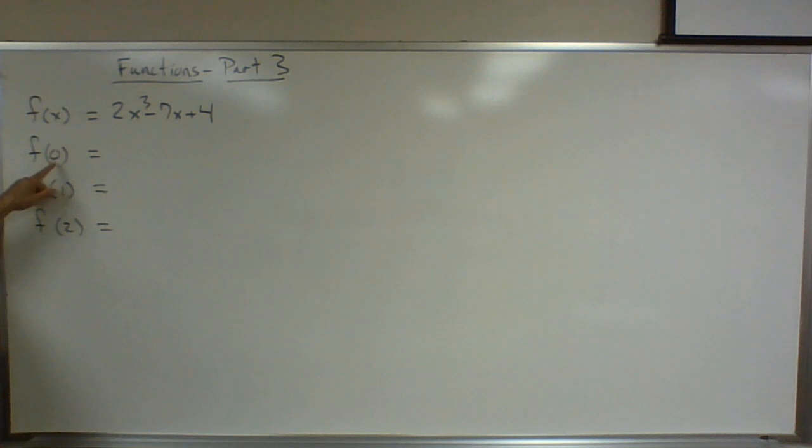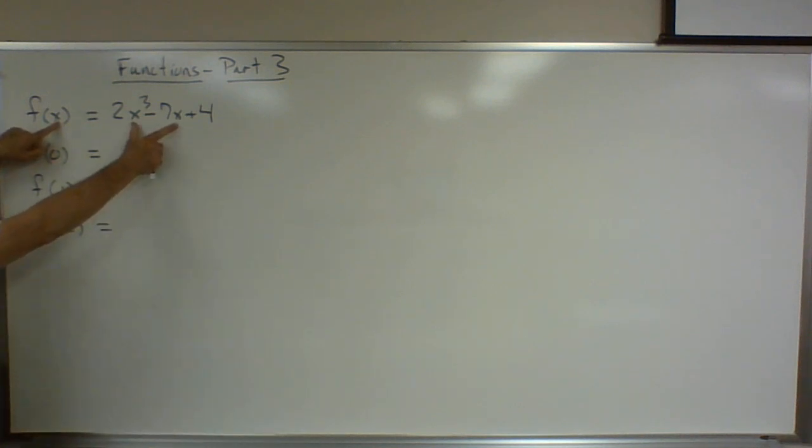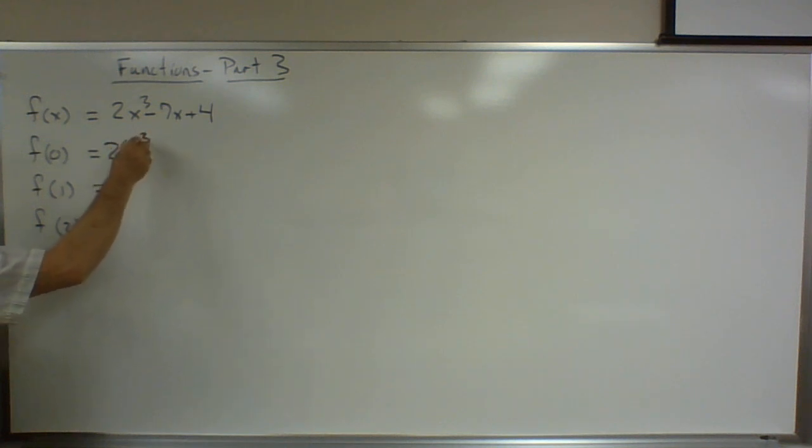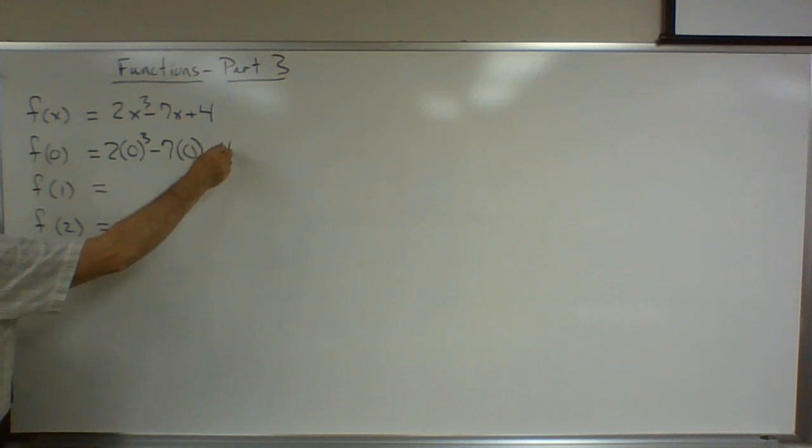Here, at f evaluated at 0, 0 plays the role that x plays up here in our definition, or our model of f of x. So every place that we see an x up here in our model, we're going to put a 0 down here. 2 times 0 cubed, minus 7 times 0, plus 4.